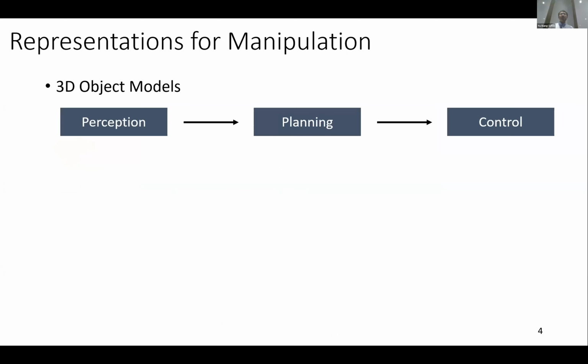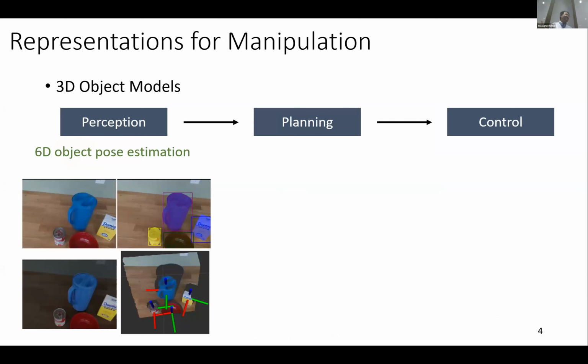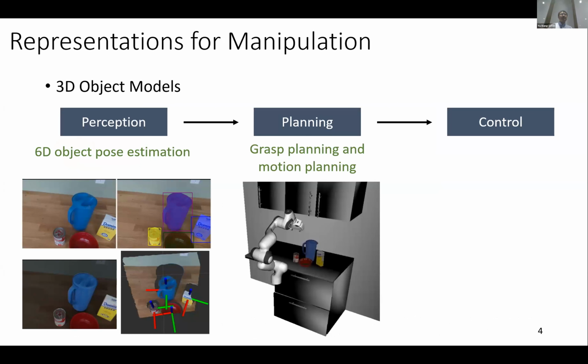We can also use 3D object models to represent objects. In the traditional pipeline of perception, planning, and control, suppose we have the 3D models of objects. In perception, we can tackle the 6D object pose estimation problem. This technique can detect objects and estimate their 3D location and 3D orientation. Given the 3D location and orientation of these objects, and assuming we have the 3D models, in the planning phase we can set up a planning scene for grasp planning and motion planning.